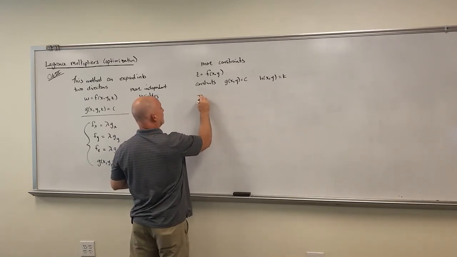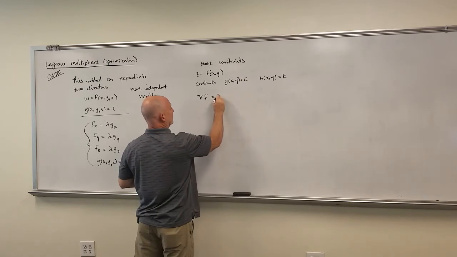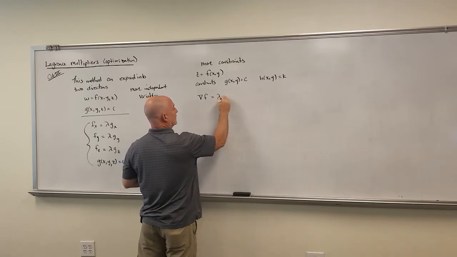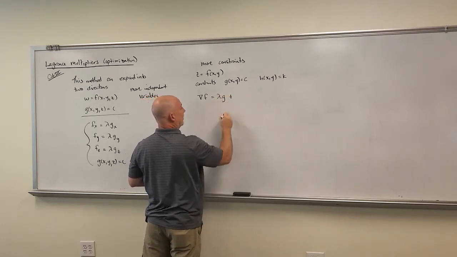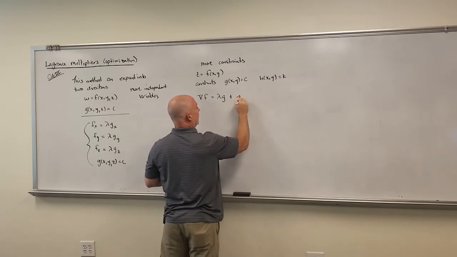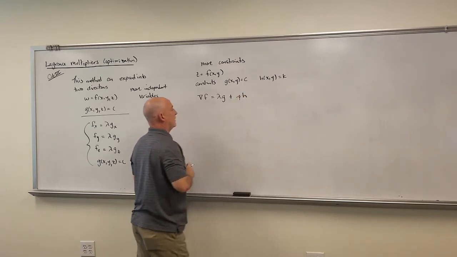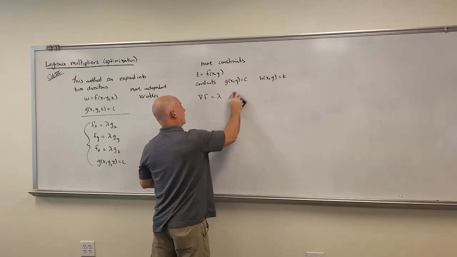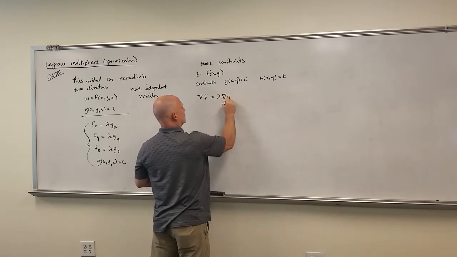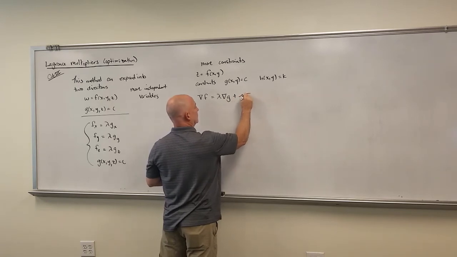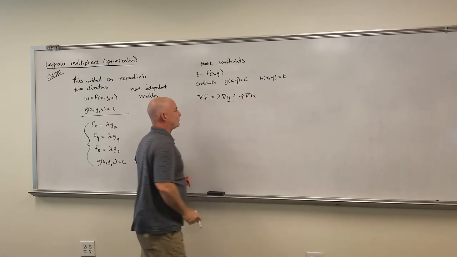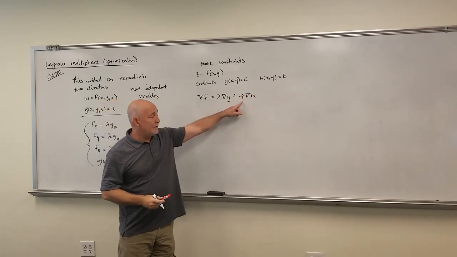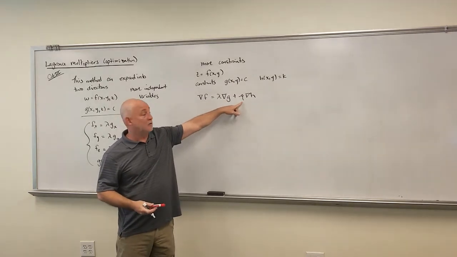So the gradient of f has to be equal to some multiplier times the gradient of g, plus also some multiplier times the gradient of the other constraint function: gradient g plus mu gradient h. So we added what's called just another Lagrange multiplier.